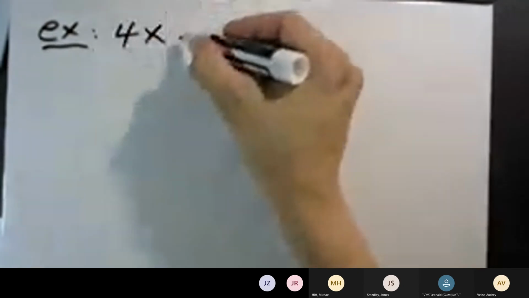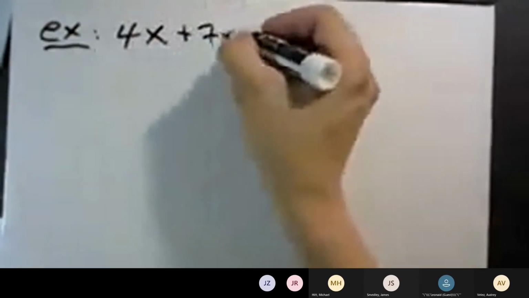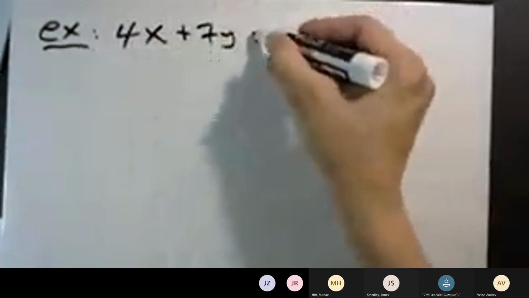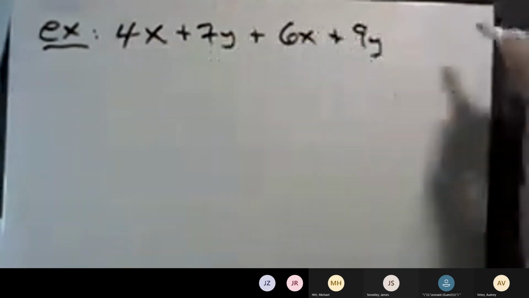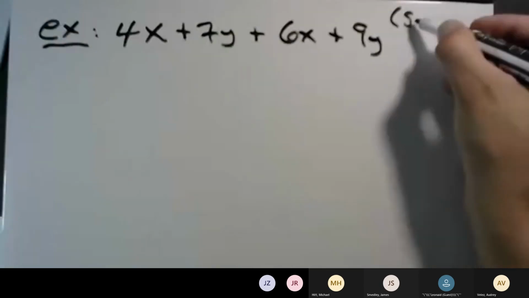Now, let's say we have this. We won't make it too complicated just yet. And usually what you're asked to do is simplify.